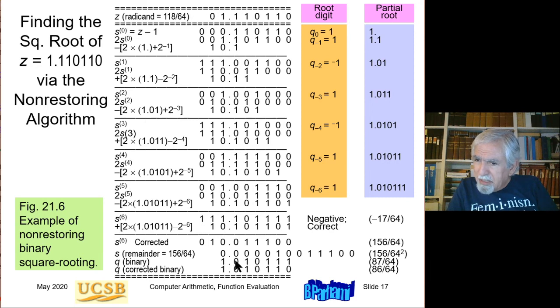So this is the uncorrected quotient corresponding to this negative remainder. This is the corrected quotient corresponding to the corrected positive remainder. Okay, so very similar to non-restoring division, with the exception that the terms that we add when addition is required due to the partial remainder going negative are different, okay, in how they are formed.